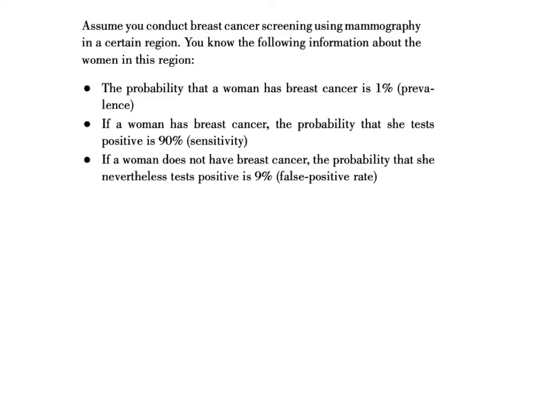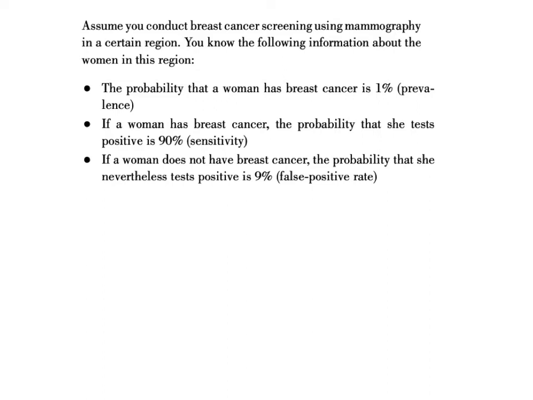Assume you conduct breast cancer screening using mammography in a certain region. You know the following information about women in this region, okay? Overall prevalence, the probability that any given woman is going to have breast cancer, is 1%. Something we've measured. It's 1 in 100 people might have this at any given time in this region.